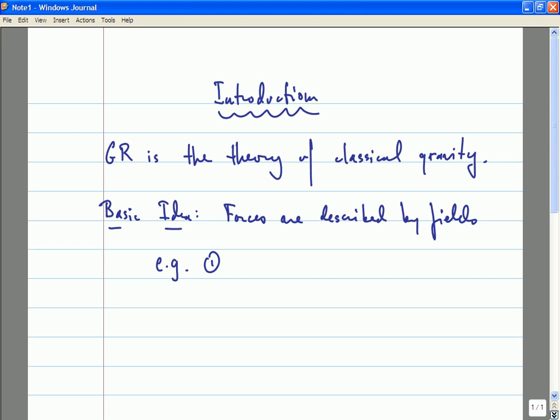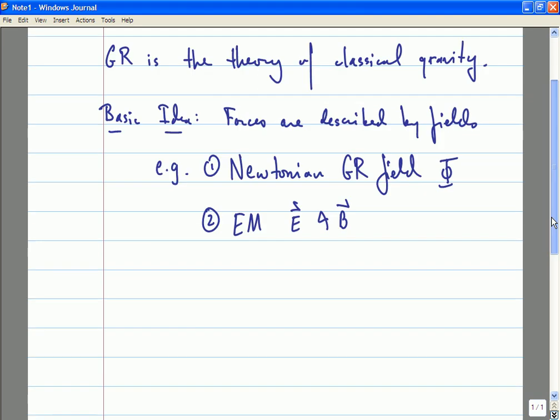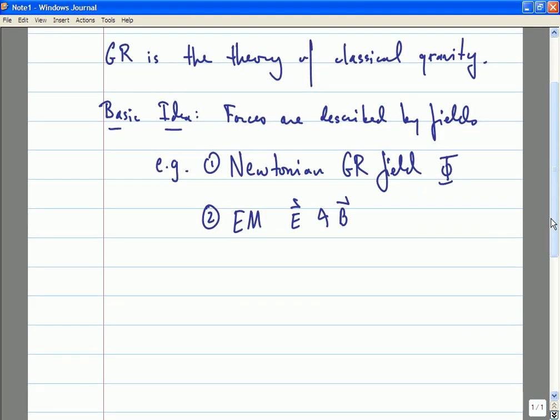In your study of Newtonian gravity, you encountered the Newtonian gravitational field, phi. And in your studies of electromagnetism, you encountered the electromagnetic fields, E and B. And general relativity can be thought of as a different sort of theory of fields, which describes gravity.